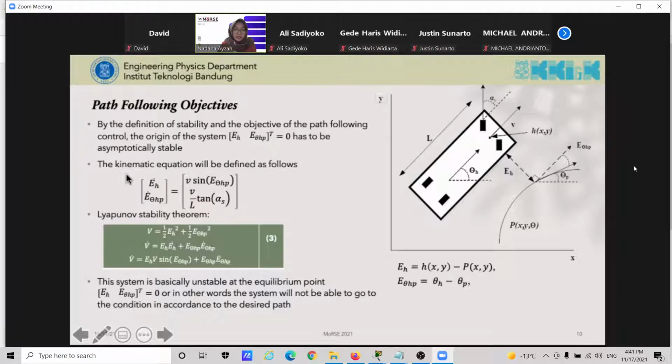So we can derive the kinematic equation defined as follows, and by the Lyapunov stability theorem, we can derive the first derivation of the Lyapunov function like this, as shown in equation 3. If you see equation 3, the system is basically unstable at the equilibrium point, or in other words, the system will not be able to go to this condition in accordance with the desired path.